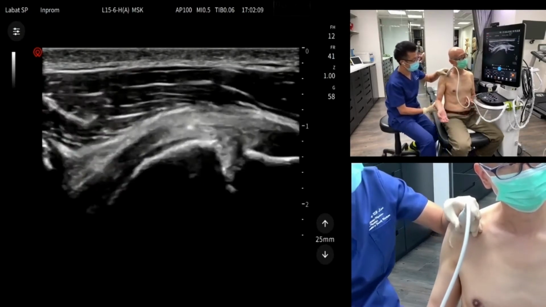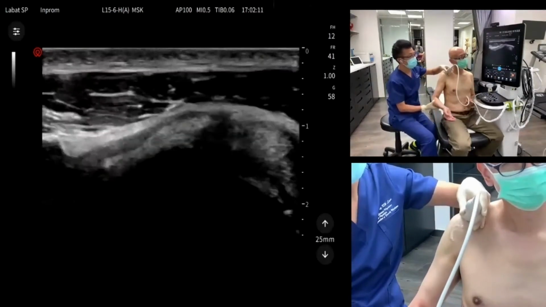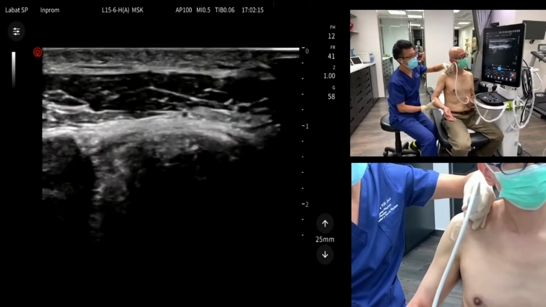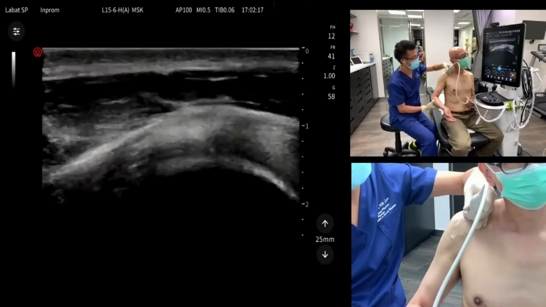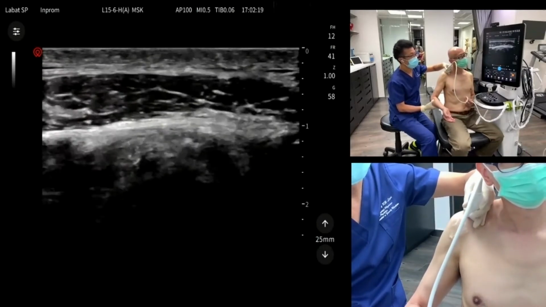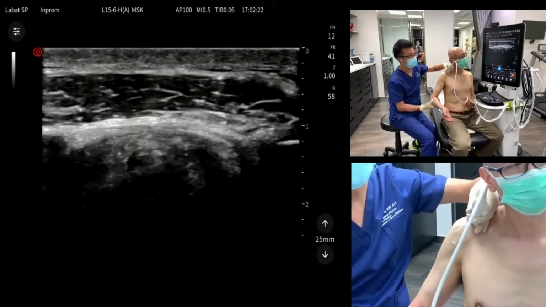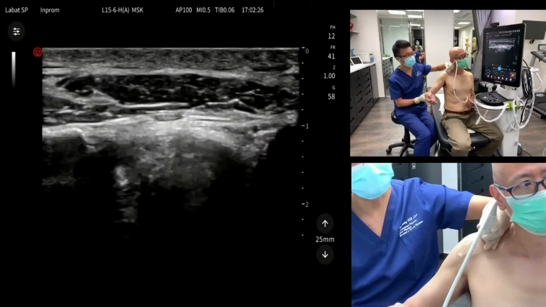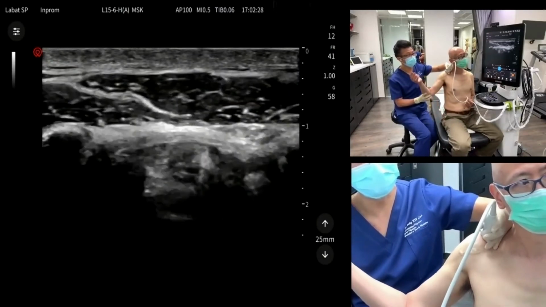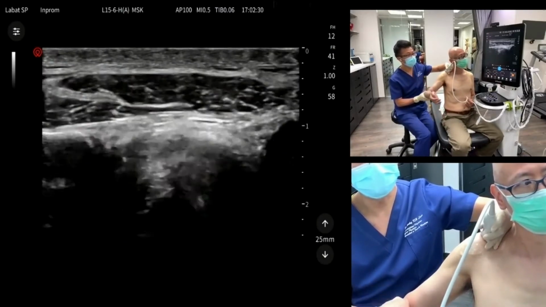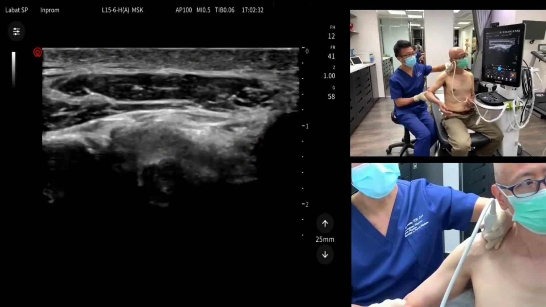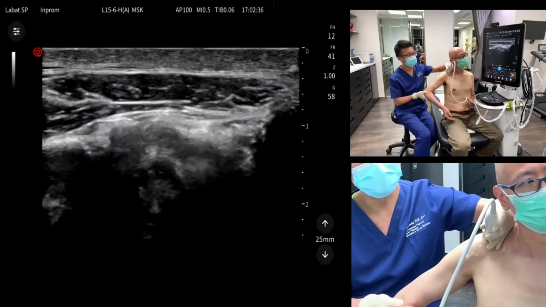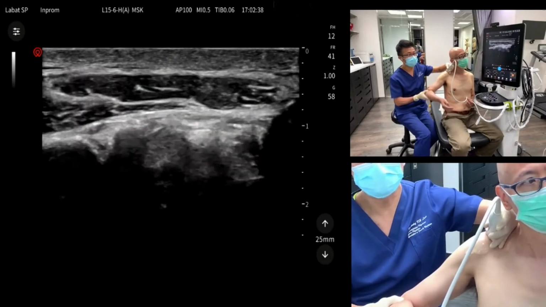But at the same time, I like to pivot the lateral side of the probe towards the acromion process. And this is the coracoid-acromion ligament. With the coracoid-acromion ligament in view, I'm going to do the external rotation and internal rotation. And you can see an anterior superior instability of Robin's shoulder here.